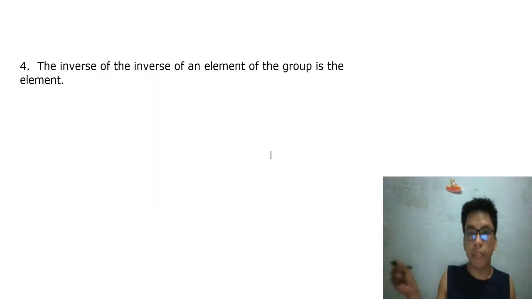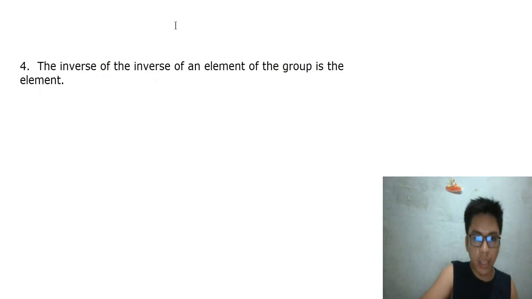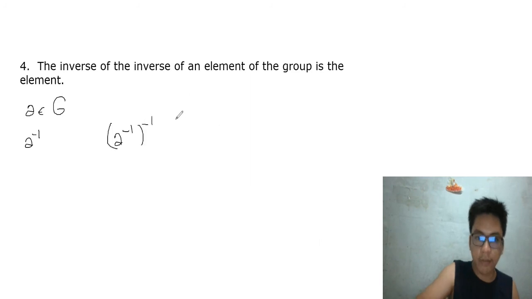The inverse of the inverse is actually that element. Meaning to say, if you have an element A in G, and remember this is the inverse of A, the inverse of the inverse is actually the element.